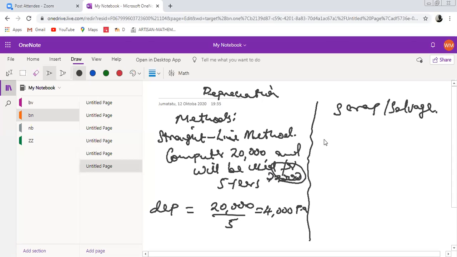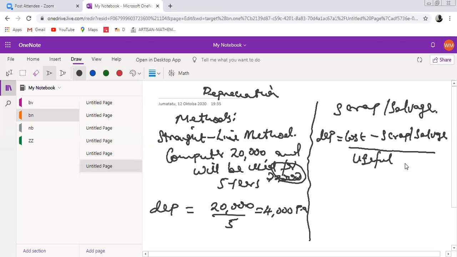In this case, depreciation is normally calculated by the cost minus scrap or salvage value, and then I divide by useful life, or the economic life. So in this case, depreciation per year will be 20,000, which is the cost, minus 2,000, which is the scrap value, over 5 years, which is the useful life.